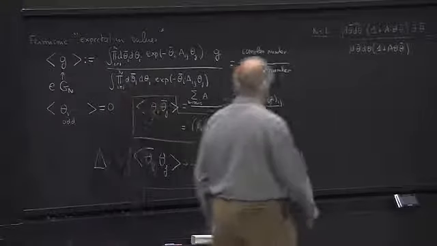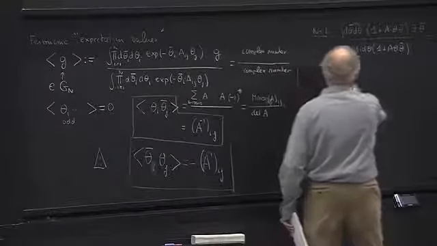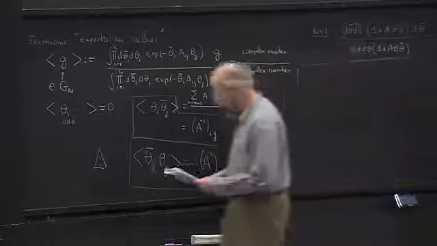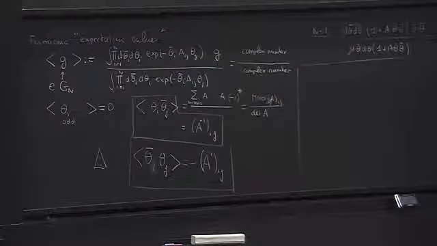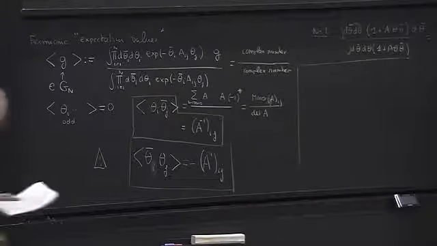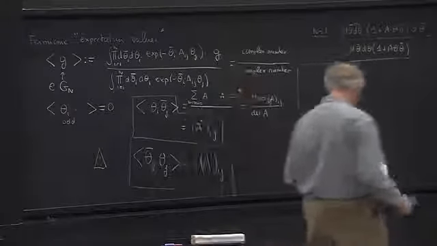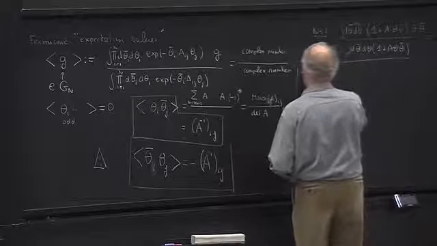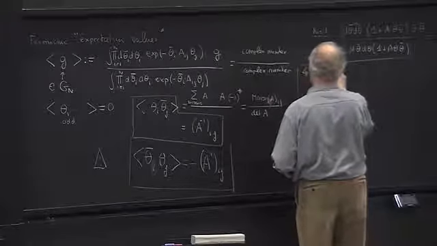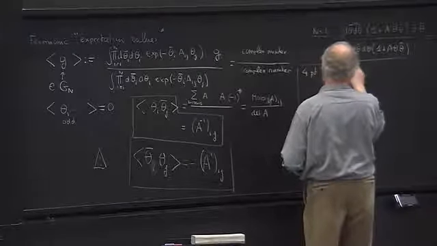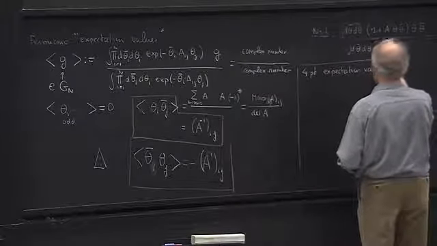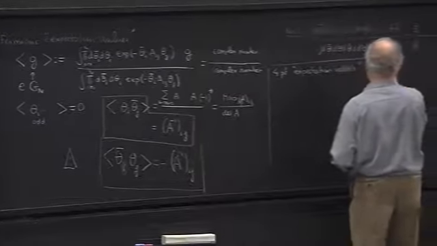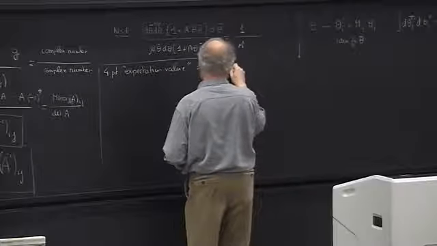And now, here is the beautiful thing. If you work a little bit more, and this requires introducing generating functions with the source term that anti-commutes, you end up with the 4-point expectation value, or the 4-point function.